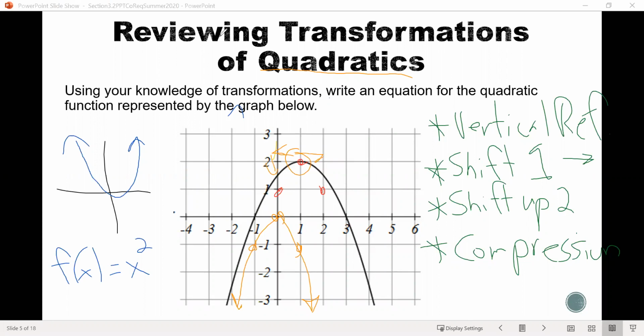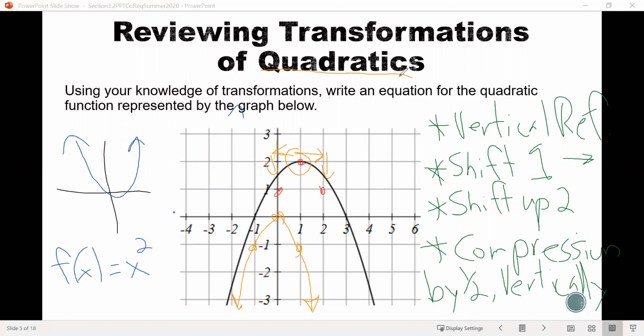If we go to the right 1, we also go down about 1/2. So that tells us that because that up or down thing has been changed, we have a compression by 1/2, and it also looks like it's vertical, because it impacted how much we had to go up or down, but not left or right.